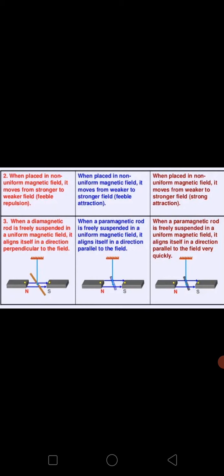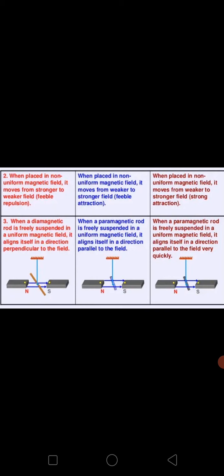Now when the paramagnetic rod is freely suspended in the uniform magnetic field, it aligns itself in the direction parallel to the field. And when a ferromagnetic substance is placed, it also aligns itself in a direction parallel to the magnetic field, but much more quickly compared to the paramagnetic substance.